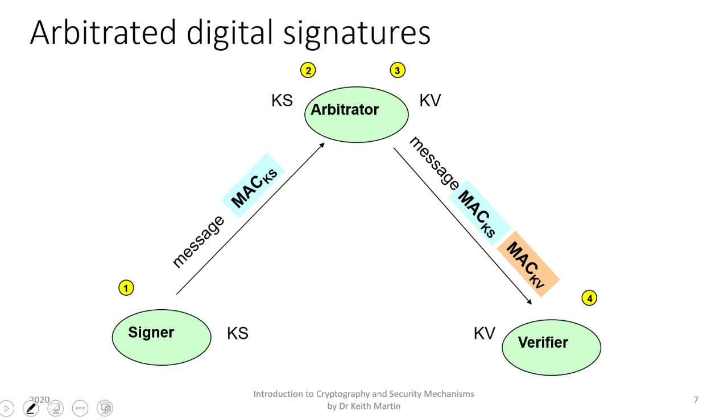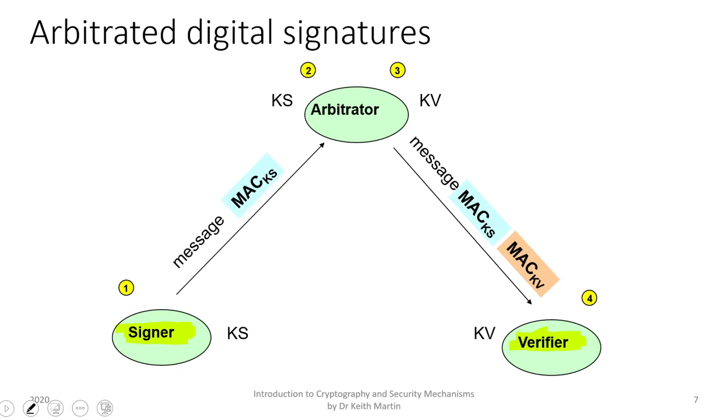When we say arbitrated digital signatures, we have the signer who is going to send the message and also produce the digital signature, and a verifier who is going to receive the message and then verify the digital signature with the corresponding message.